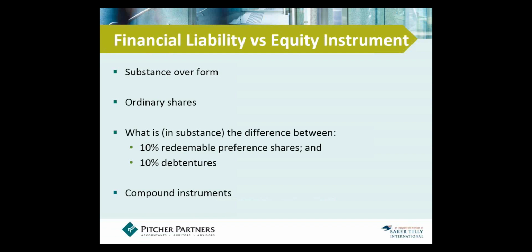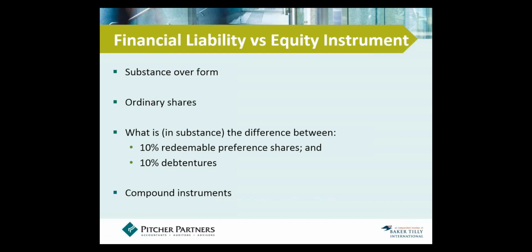And what about a compound instrument? If we've split a compound instrument between financial liability and equity on day one, then in future the payments we make will be split between interest expense and dividend. So financial liability versus equity instrument is a really important area. It's a highly complex area.